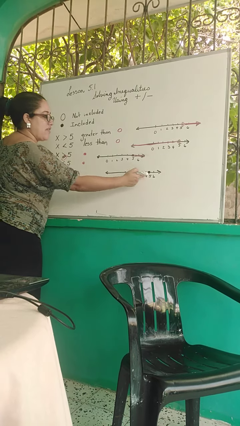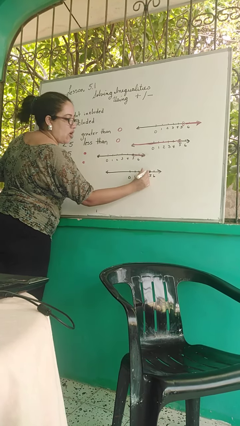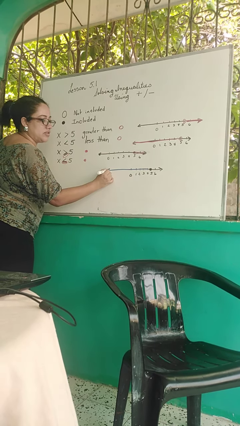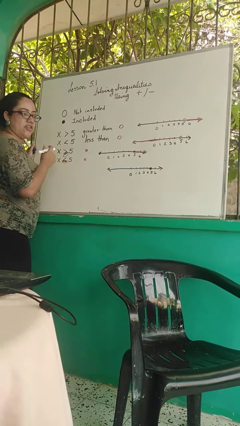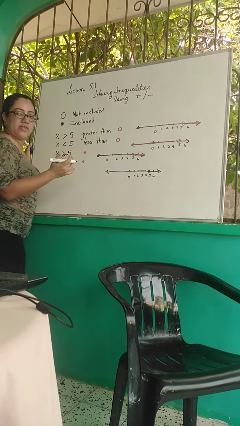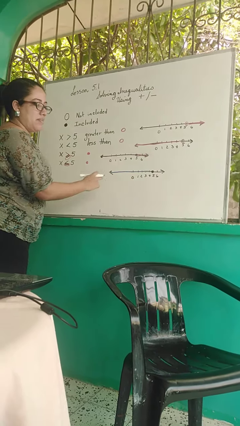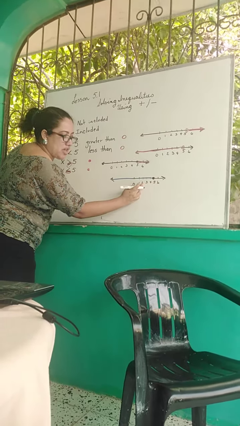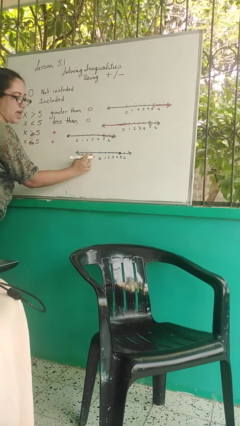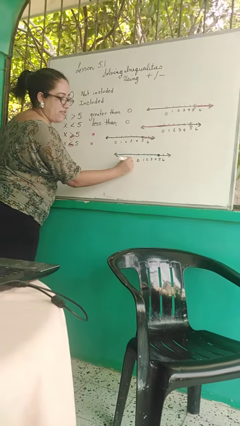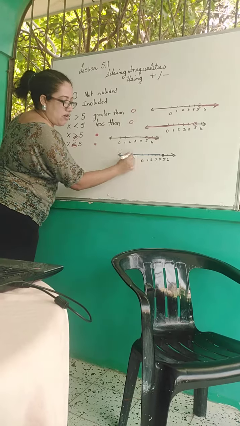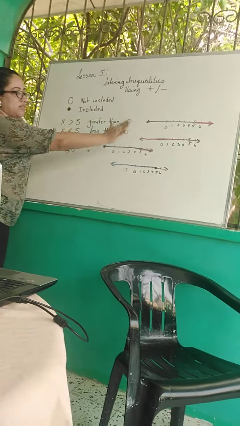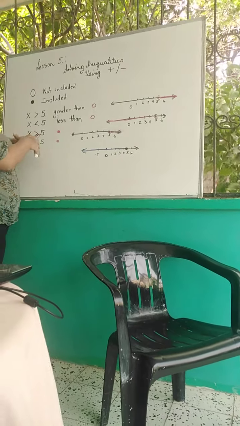We color the 5, and if it's less than, it will go to the left. Because if we go to the right, we're saying that the x is bigger than 5. But in this case, it is smaller than 5. So it has to be 4, 3, 2, 1, 0. And if it would have been a negative number, negative 5, for example, it still will go to the left side.